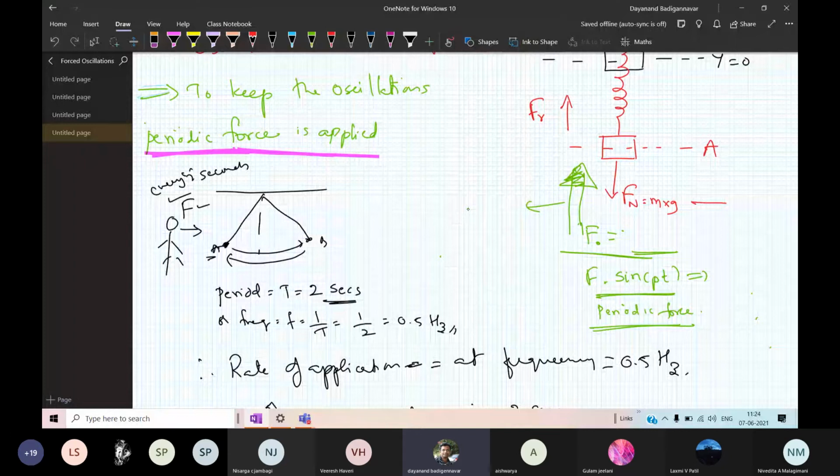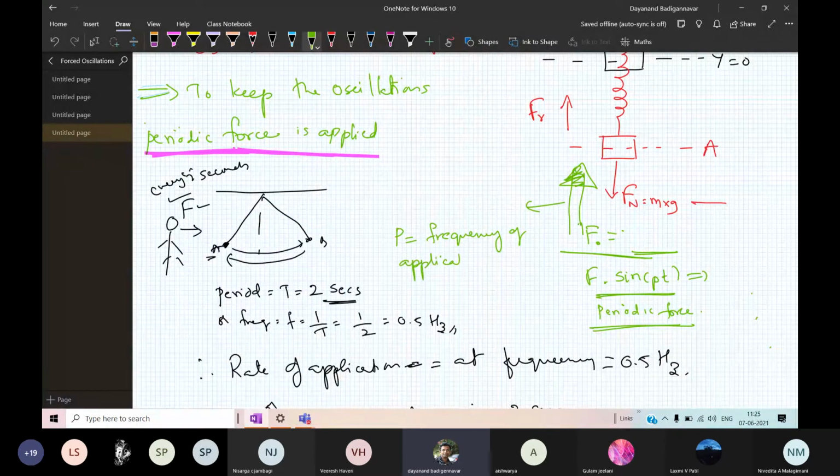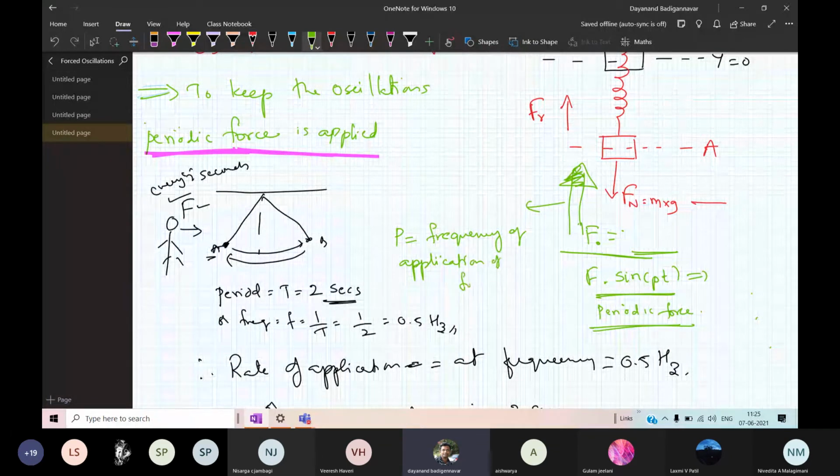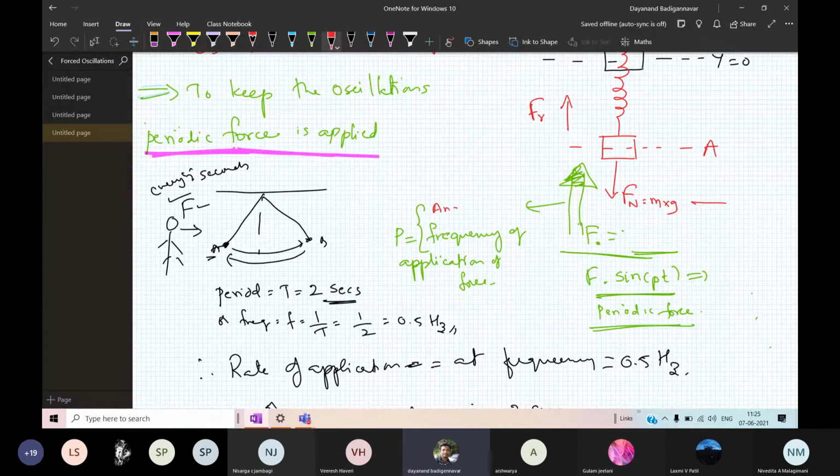P is nothing but the frequency of application of force. To be more specific, it is the angular frequency of application of force.